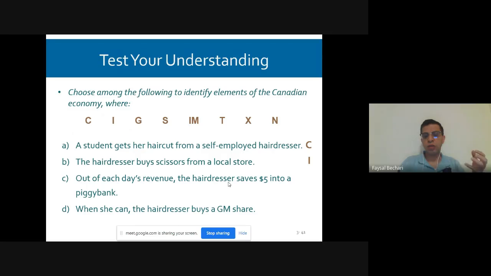Now, out of each day's revenue, the hairdresser saves $5 into his piggy bank. It's not in his pillow. That means it is saving, because he's taking it out of the money circulation. And when he can, the hairdresser buys General Motors shares, which is not applicable to the elements here.